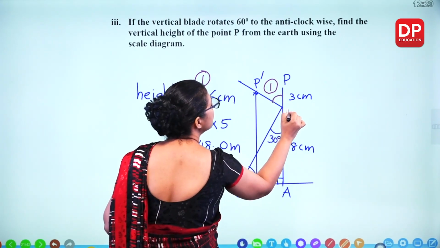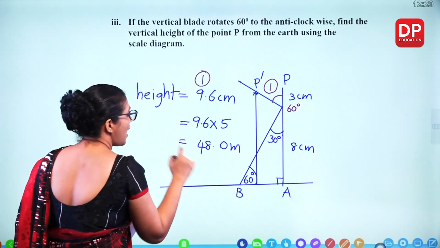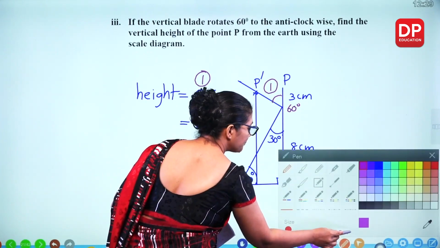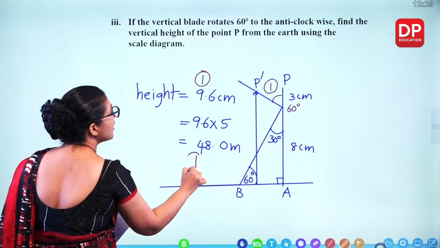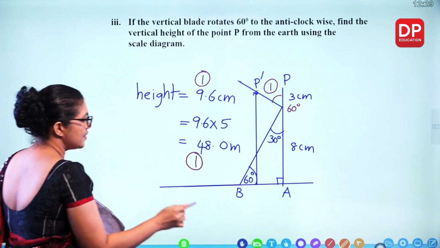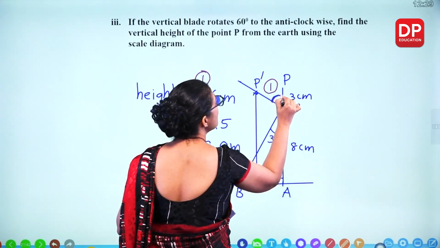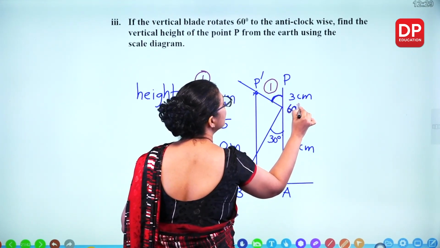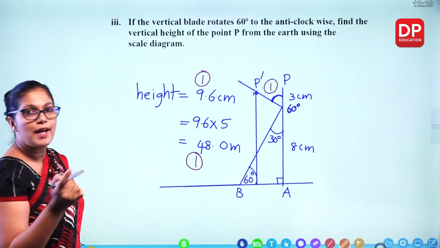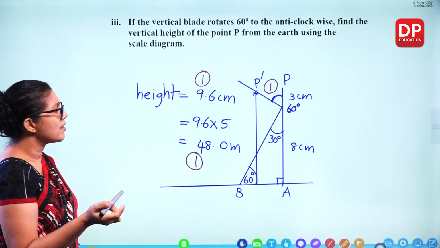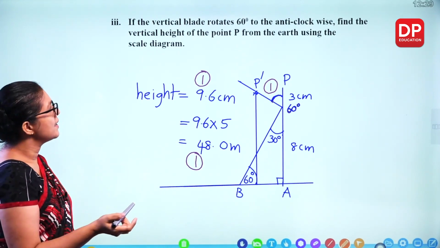This is 60. And 1 mark here. So 3 marks for that. I'll use blue here. So we marked 60 degrees. So 3 marks for that part, and total marks for this question is 10.